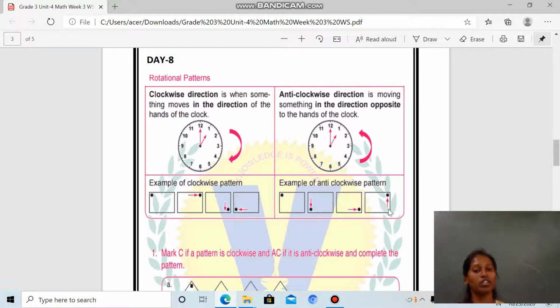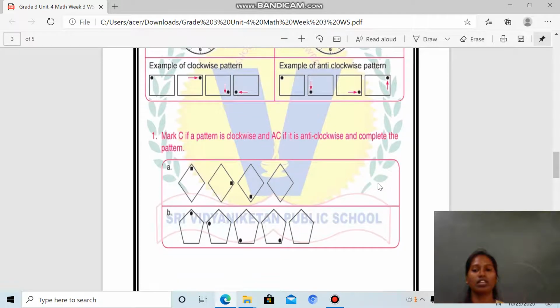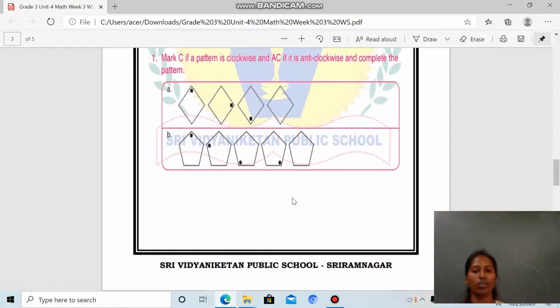In the fourth image the point will go upside. So this is the direction of anti-clockwise. Coming to the next question, mark C if a pattern is clockwise and mark AC if it is anti-clockwise, and complete the pattern. So you have to complete the pattern and write whether it is clockwise or anti-clockwise.